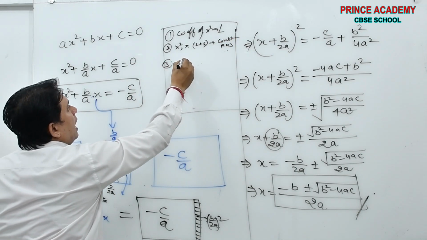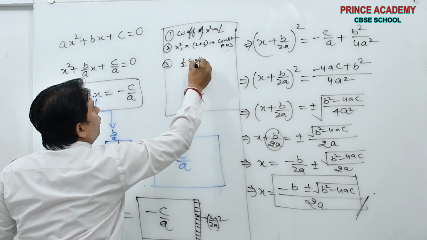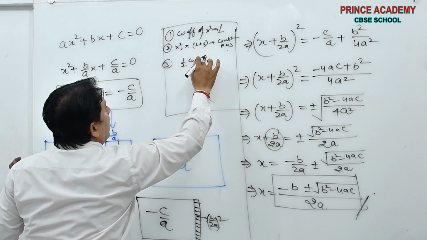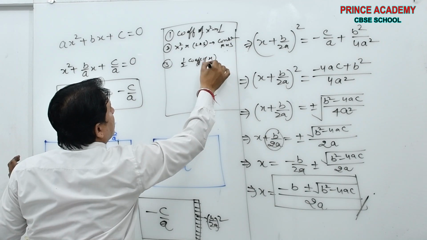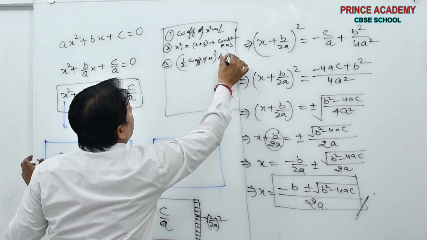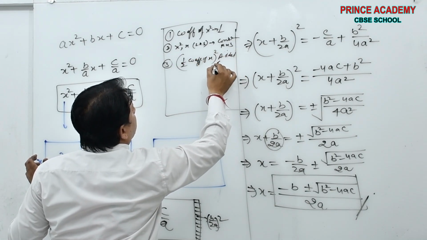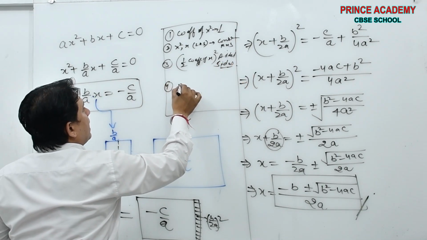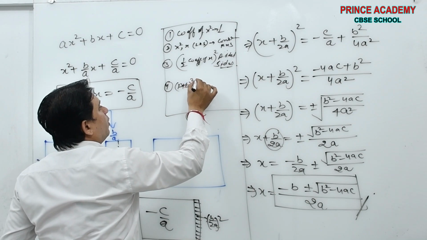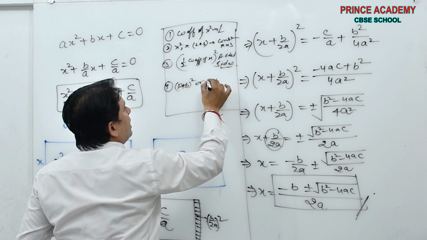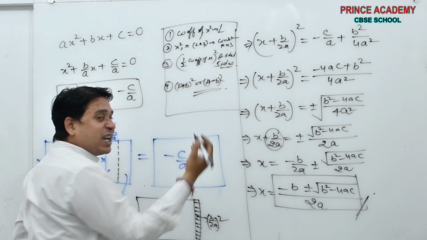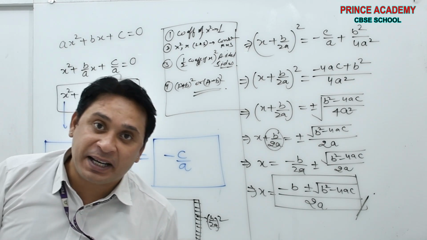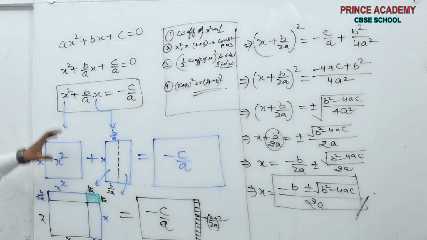Number 3, half of the coefficient of x, its square is added to both sides. Number 4, the a plus b whole square or a minus b whole square identity is achieved automatically. Done beta.